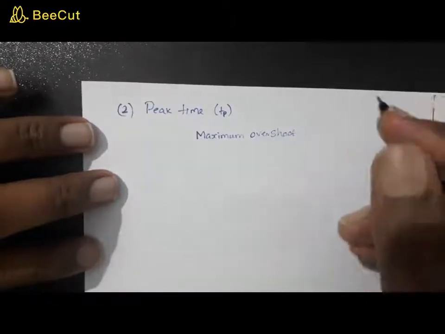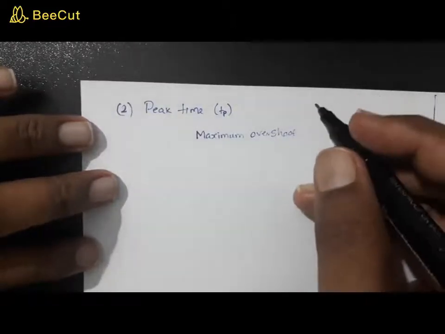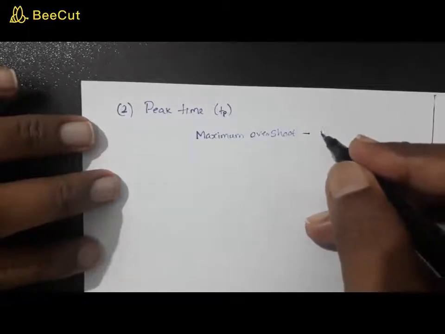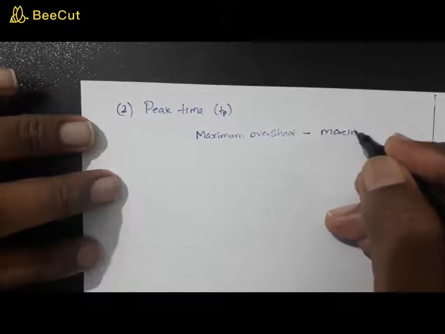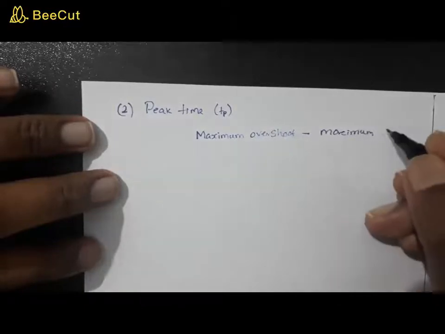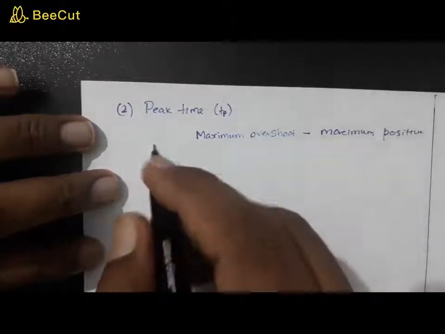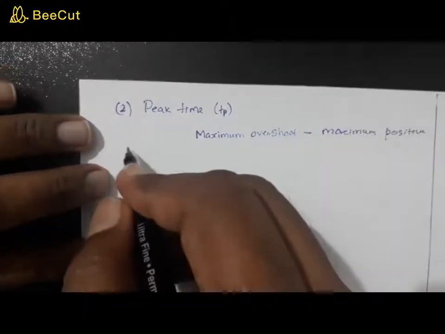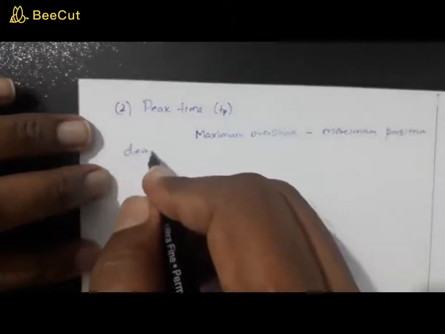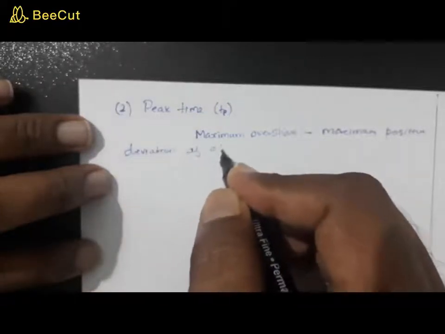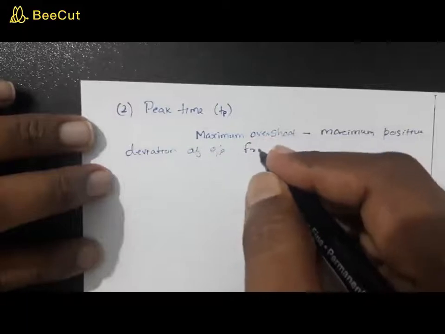Maximum overshoot is defined as the maximum positive deviation of the output, not the negative, from the desired value.